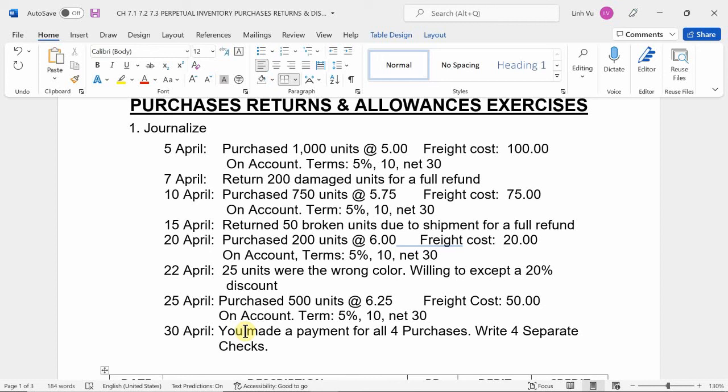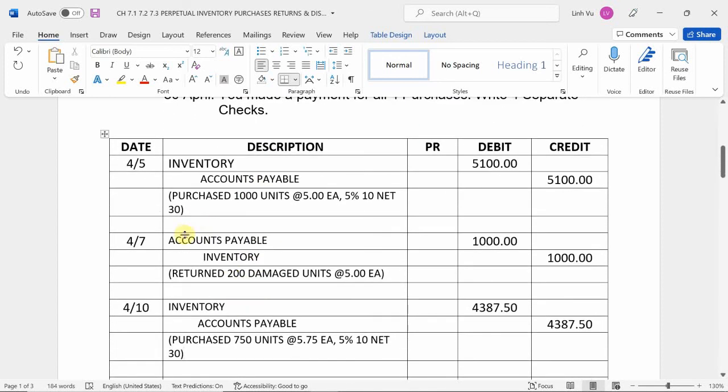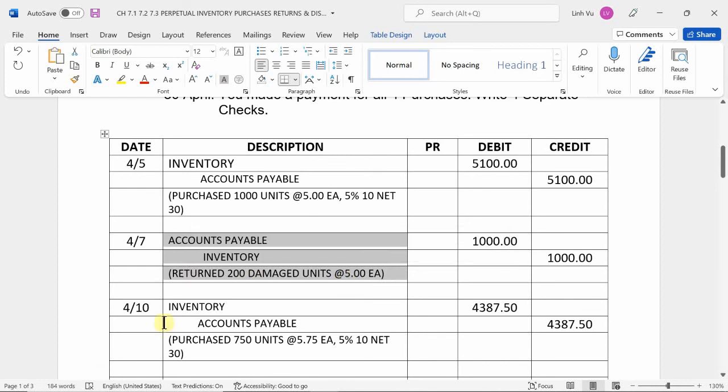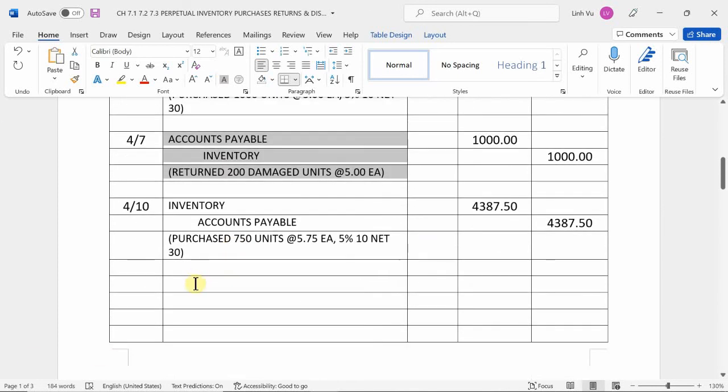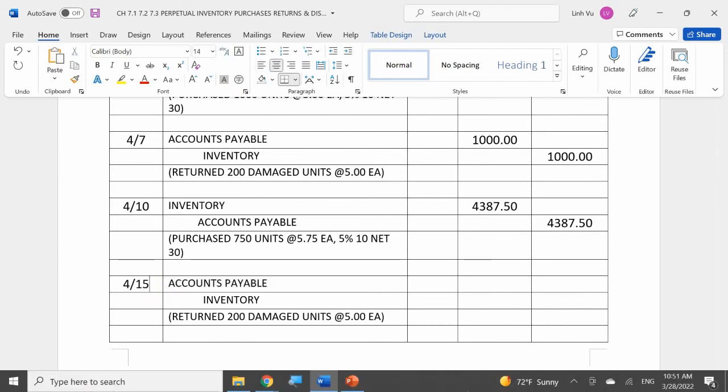How am I going to record this time? Accounts payable, inventory at 287.50.